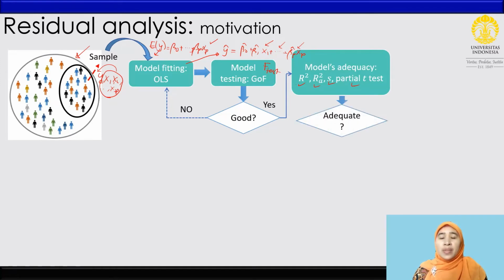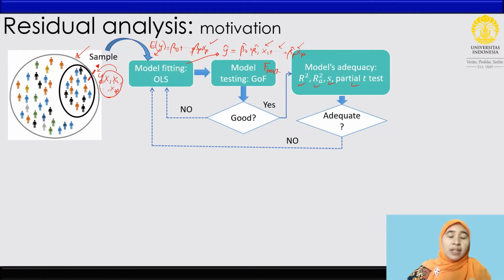And based on this process, again, we should ask ourselves whether the result is adequate. Are we happy enough with the performance of the model? And then if we are not happy, for example, at least one of the predictors is significant in explaining Y, but then the significance by itself is not enough.